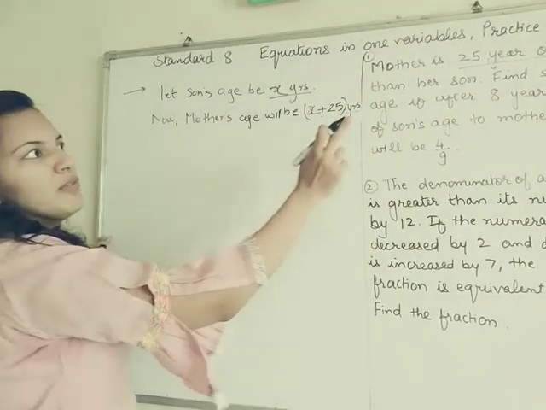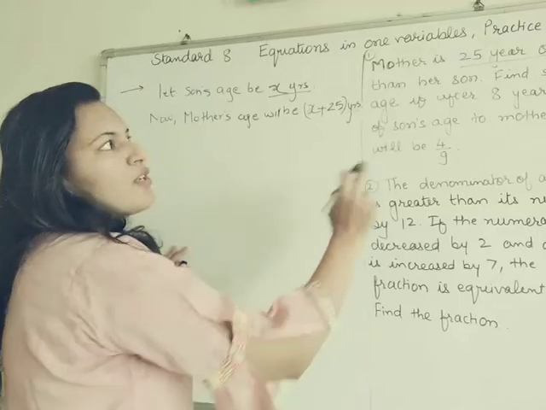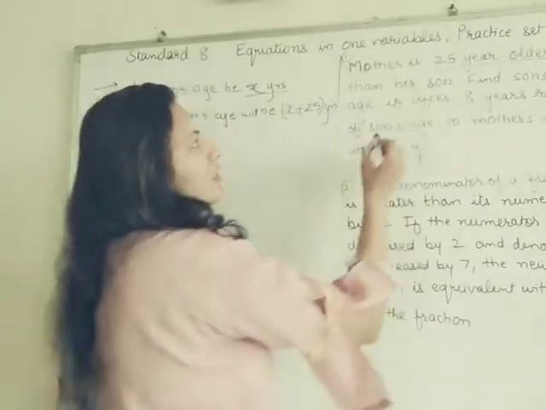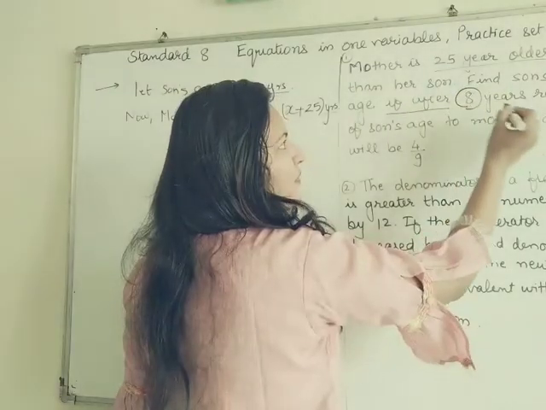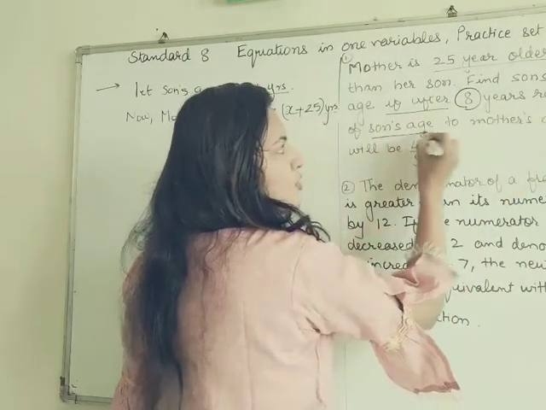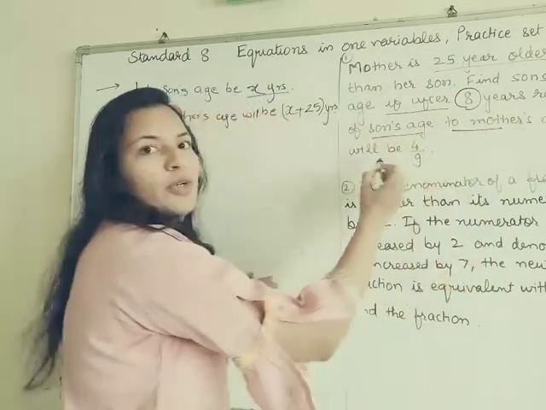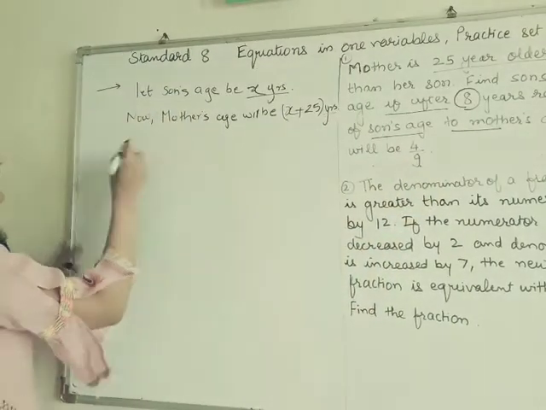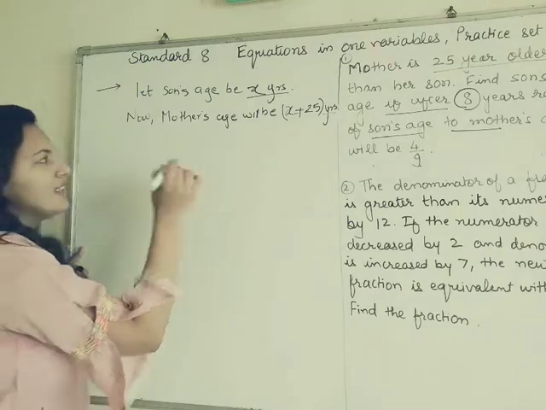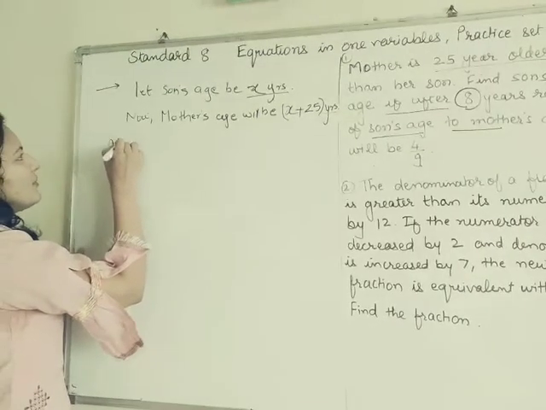We have to find out both ages, son's and mother's. So the next statement, again I will read out. If after 8 years, the ratio of son's to mother's age will be 4/9. Okay, so after 8 years, the condition is after 8 years.